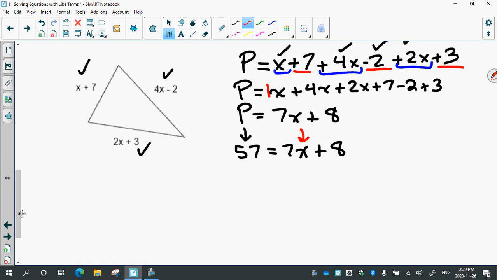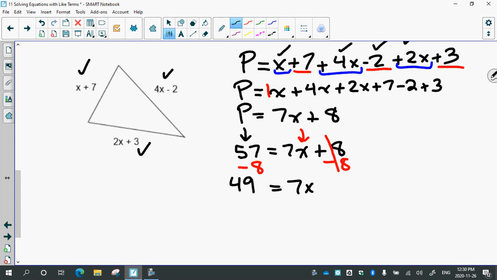Yeah, 8 on both sides. You can't add those, so you have to subtract 8 on both sides. The side of x tells you what to do. Okay?